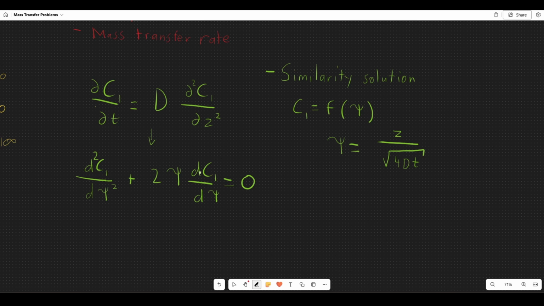And so how did we get from there to there? Well, we use chain rule. So dc1 by dt is nothing but dc1 by d psi times d psi by dt. So let me write that out. Actually, these should be partial derivatives.